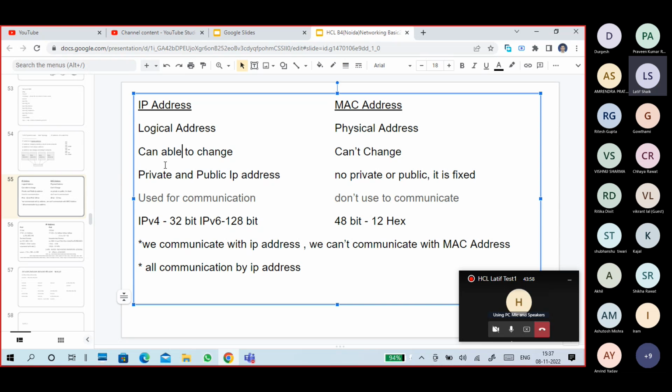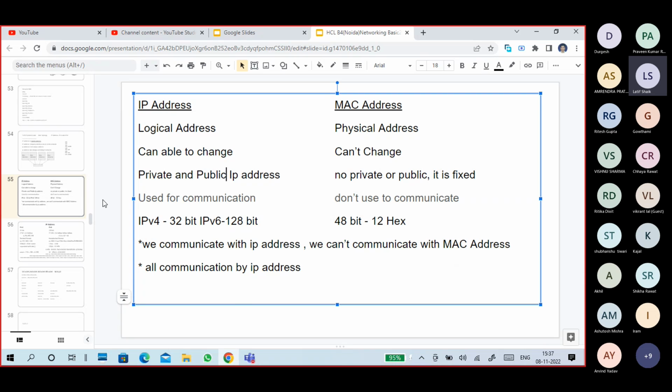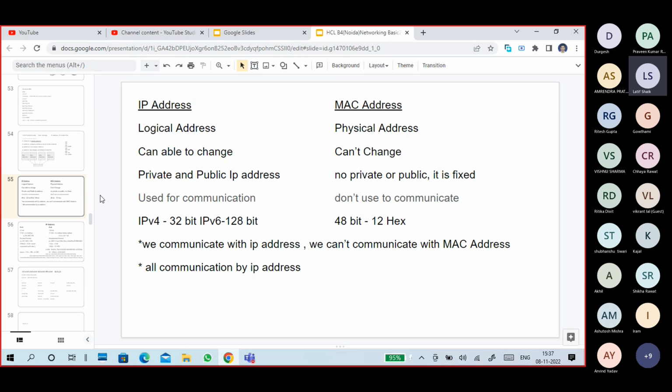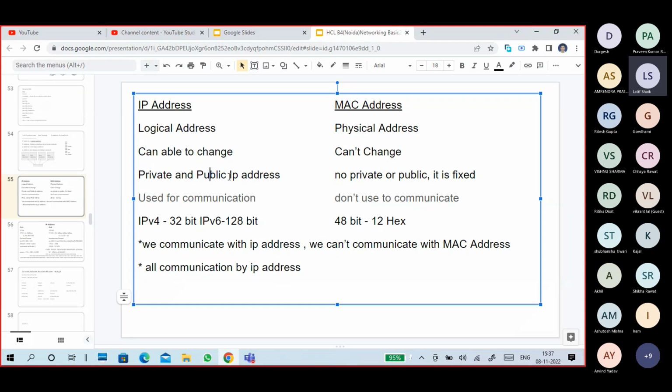But an IP address is not given by the manufacturer of your NIC. It is given by a DHCP server, or we assign an IP address manually. So in IP addresses, there are private and public types. Generally, our laptops or desktops have private IP addresses within the LAN communication. But when you are communicating outside, you have to use public IP addresses.